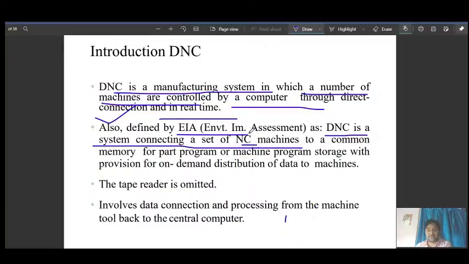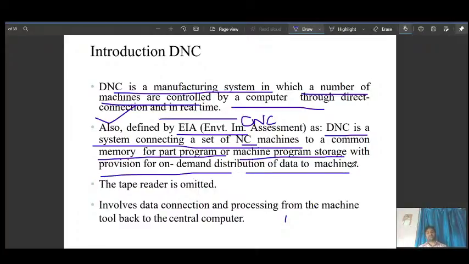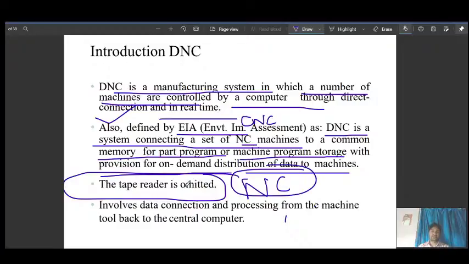Obviously, an NC machine you can also take as a CNC machine, to a common memory for part program or machine program storage, with provision for on-demand distribution of data to machines. Earlier in NC machines there was use of a tape reader, as you can recall, but in CNC machines we have a computer to store the data.